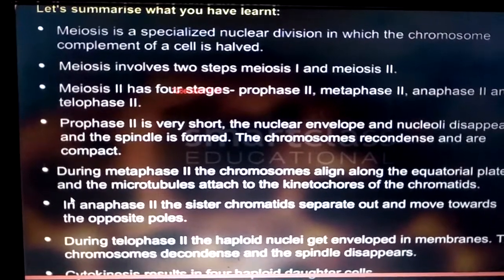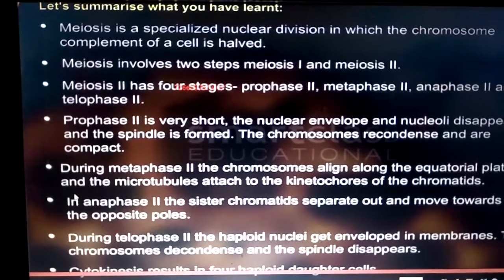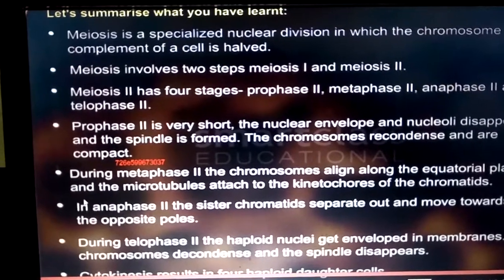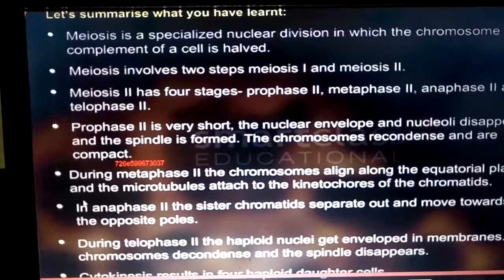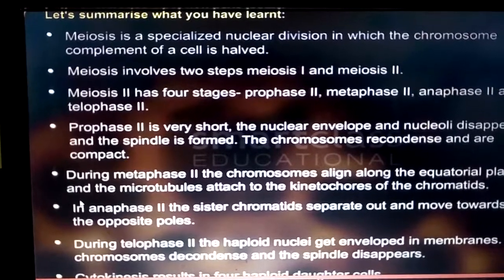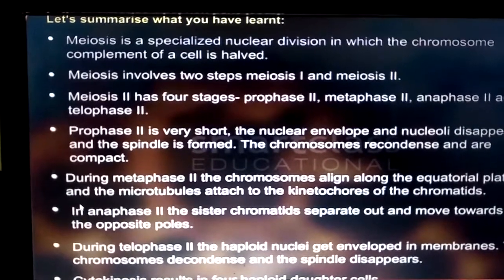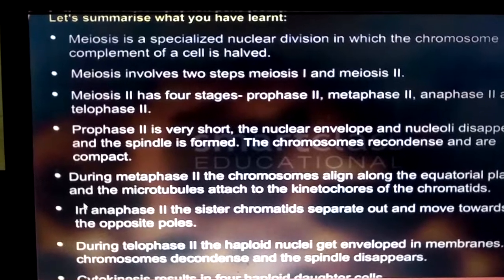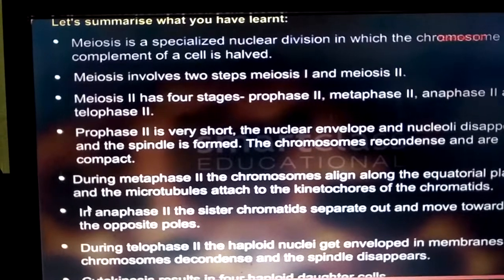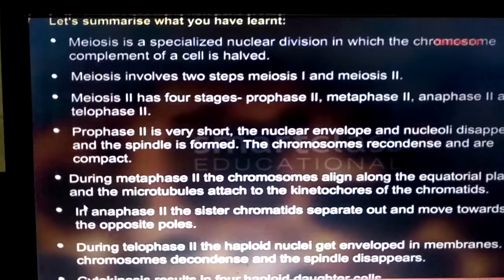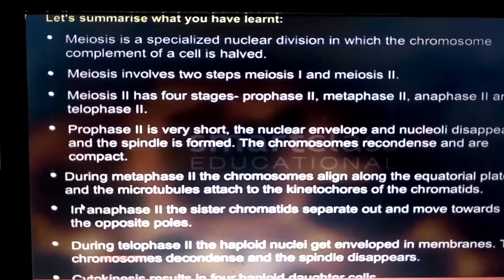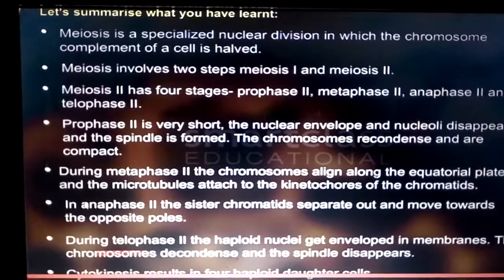At the same time, maternal and paternal characters will intermix together during this phase. So these are the 2 significances of meiotic cell division. Learn only these 2 points, and also the process of crossing over is also important. You learn that portion also.